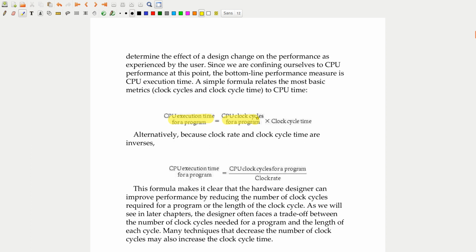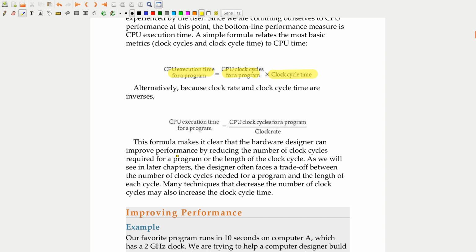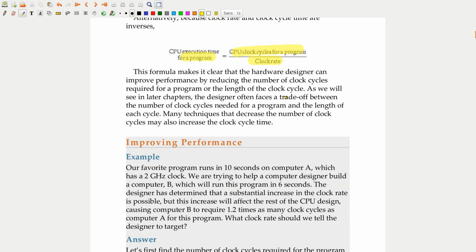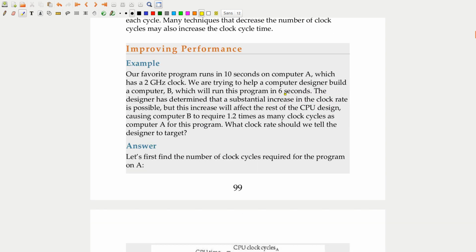Basically, your goal should be about an instructions per clock cycle of 1. That's like a very naive baseline. You can do a lot better than that, but it's a naive baseline. So you can also represent this as CPU clock cycles for a program over clock rate. So here we just have 2 metrics that we can look at, which is fine. We can kind of move past that.